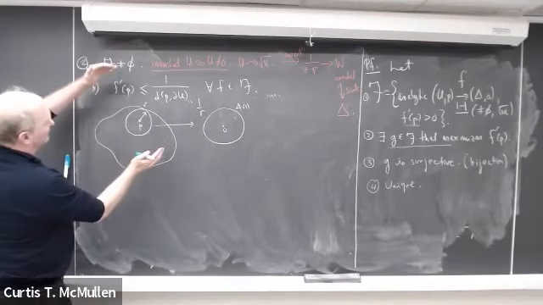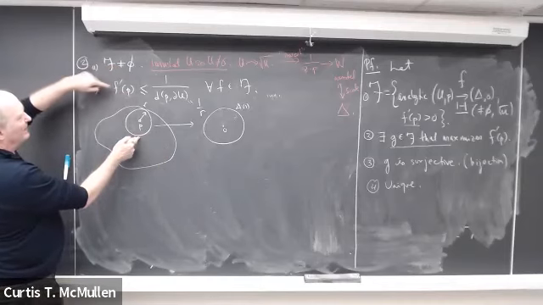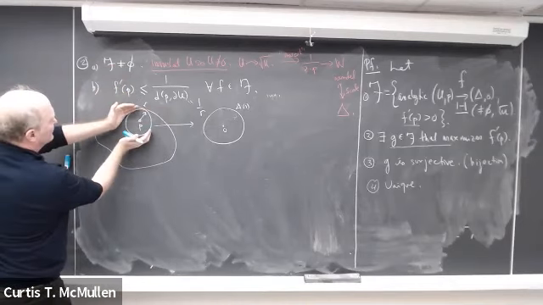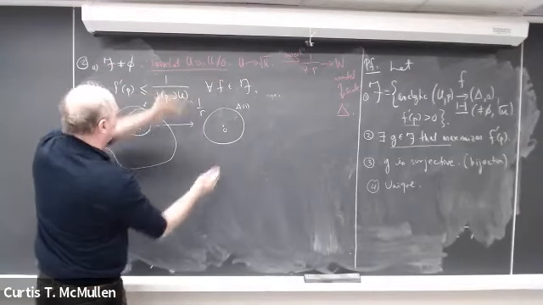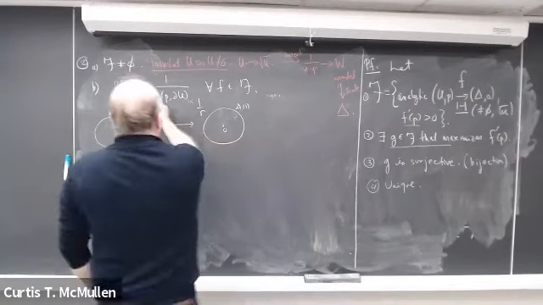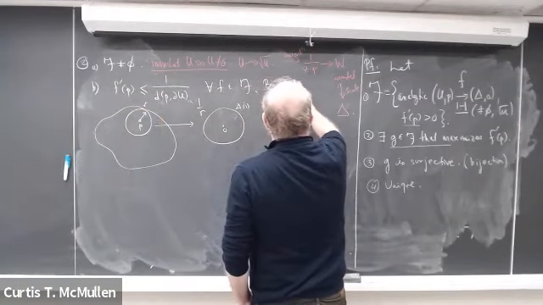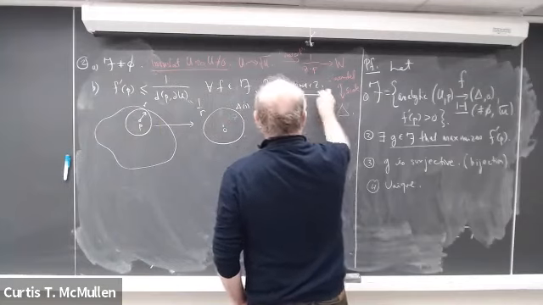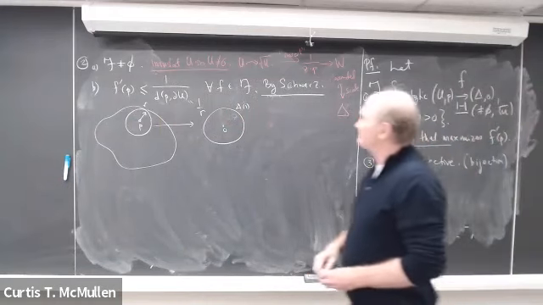Now, if this disk was also of radius 1, the Schwarz lemma would imply that f prime is less than or equal to 1. But because this disk is smaller, it's possible to expand it by a factor of 1 over r, but that's the worst you can do. So this is by the Schwarz lemma. So that's the second main ingredient in the proof, the Schwarz lemma.